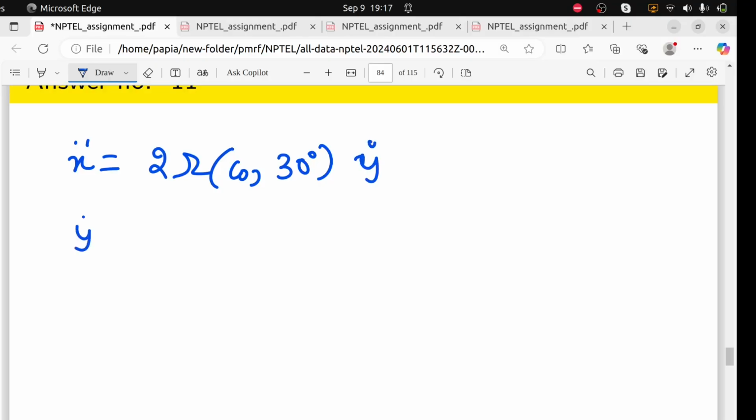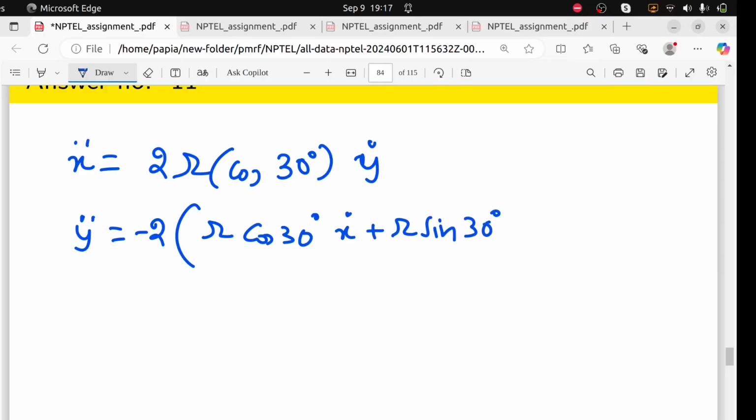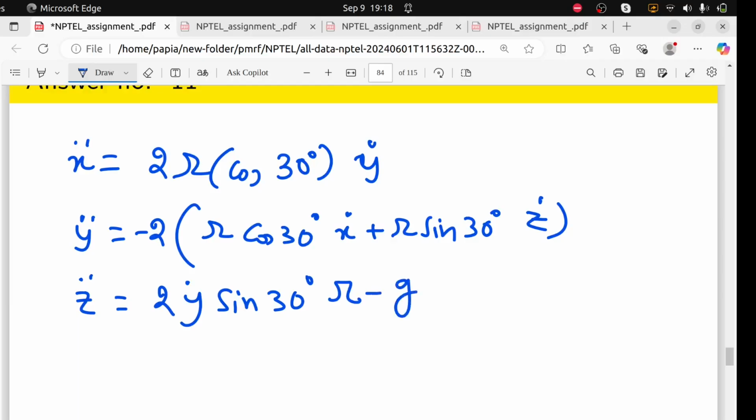So again I can write directly cos 30 degrees, and z double dot is 2 y dot sin 30 degrees omega minus g.